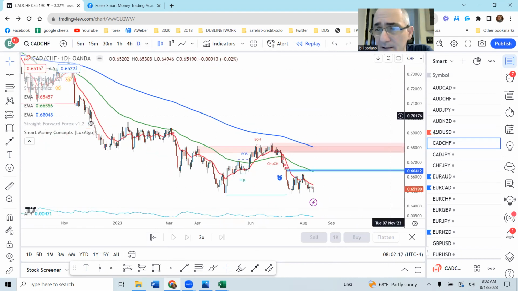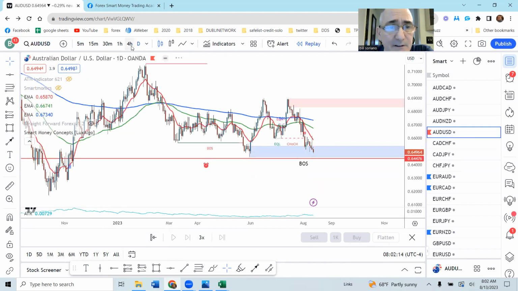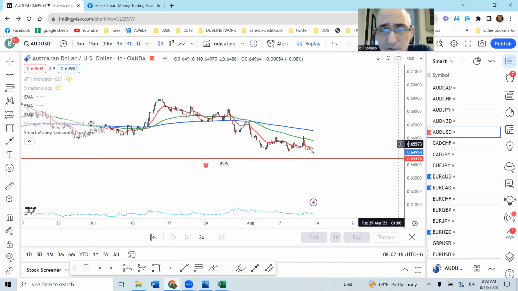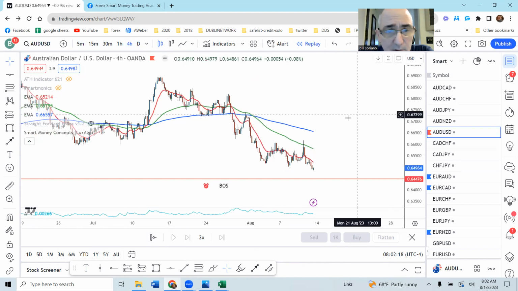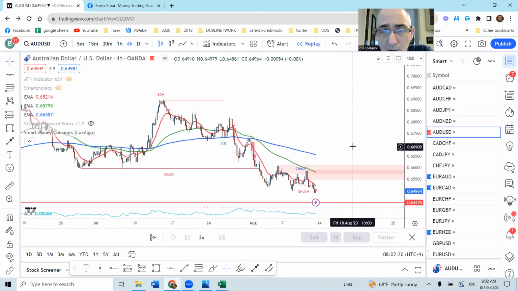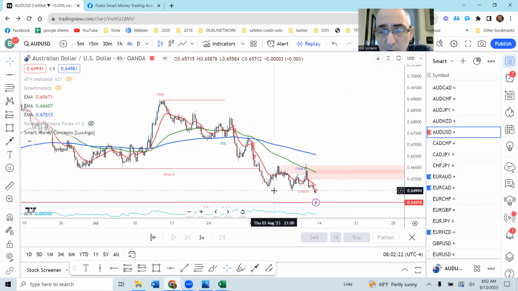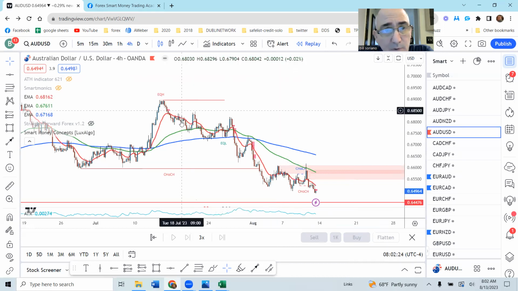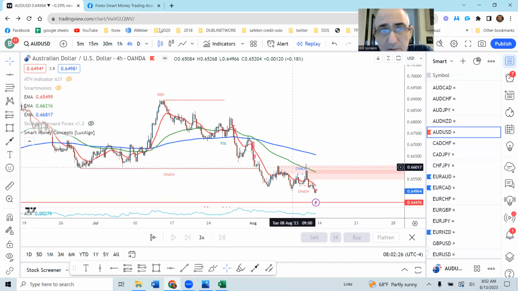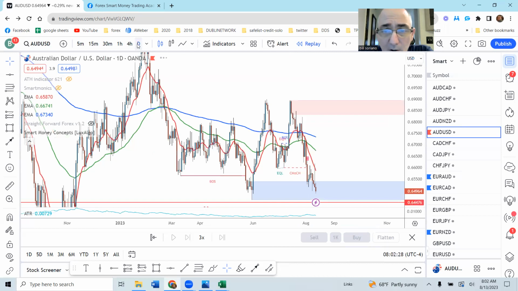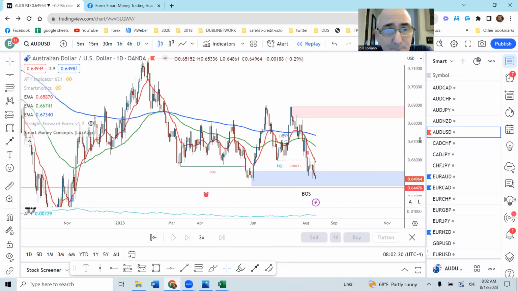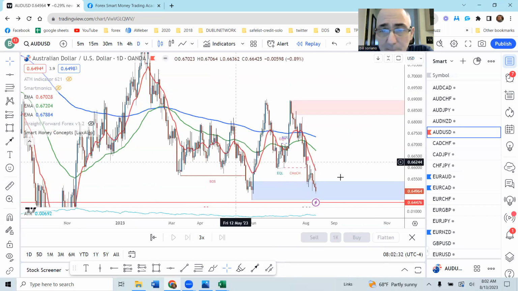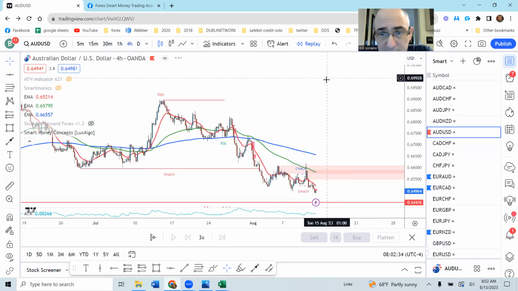And wait, let's go back to the AUD USD. We were not on the 4-hour chart here. Okay, so we have this bearish order flow here, like we were saying, but on the daily, we were bullish and then bearish. So yes, we are bearish.